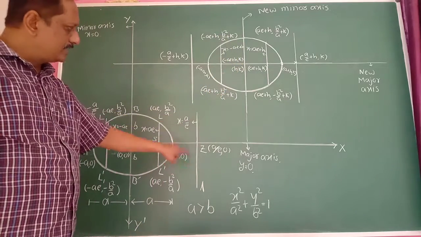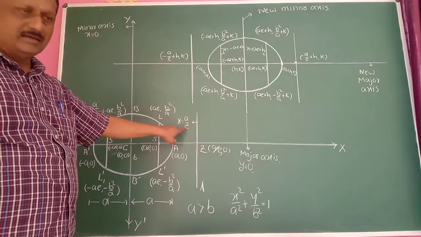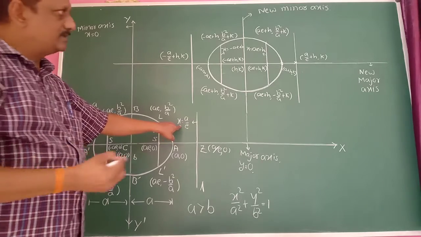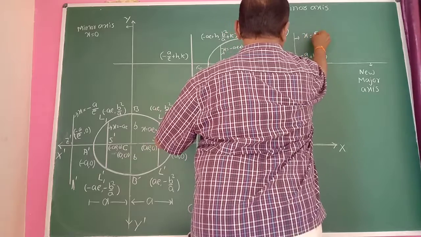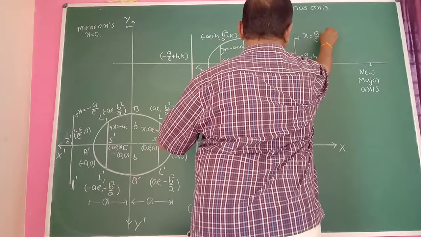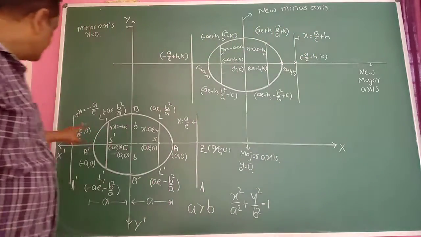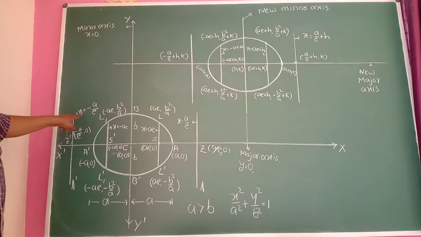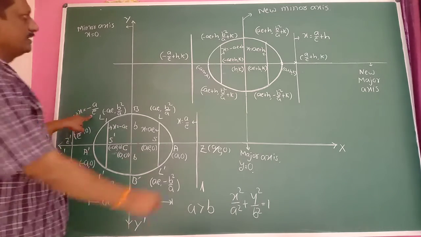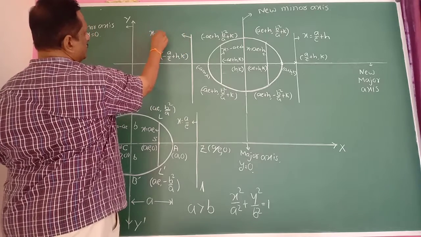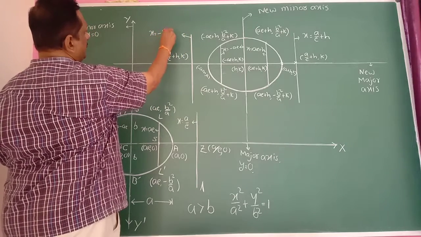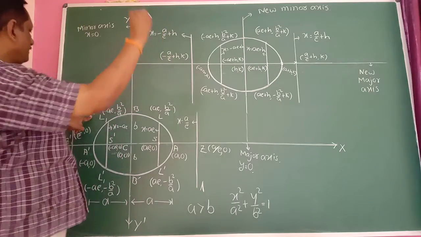And the equation of this directrix, x equal to a upon e, becomes x equal to a upon e plus h. Even here, the directrix x equal to minus a upon e becomes x equal to minus a upon e plus h.